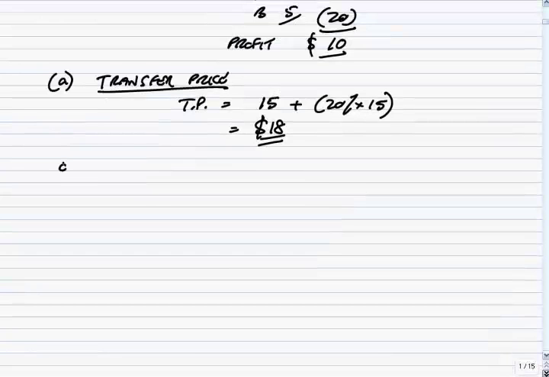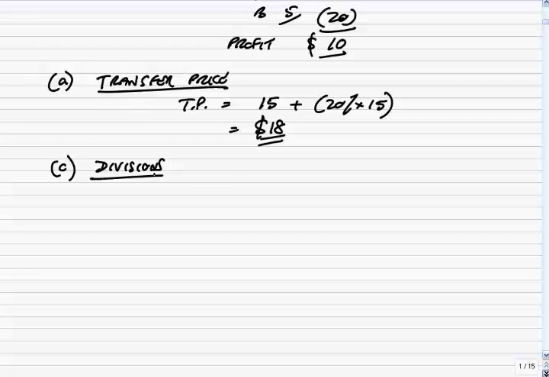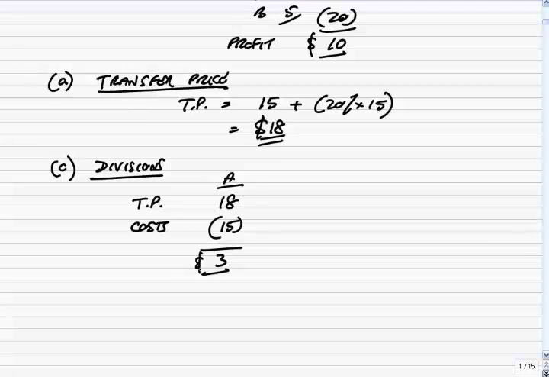So now let's see how much profit the divisions make individually. Division A, they're selling at the transfer price of 18. The costs of 15, and so the profit is 3. Division B, they sell outside at a selling price of 30.